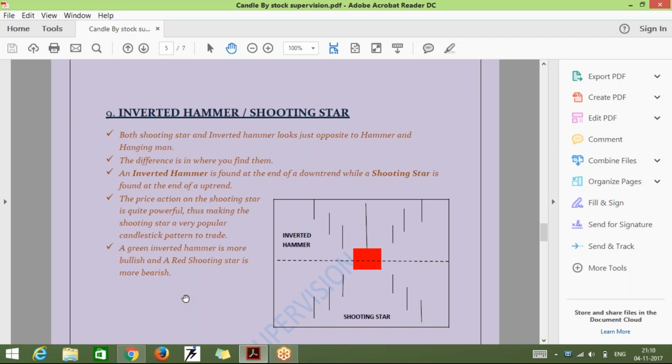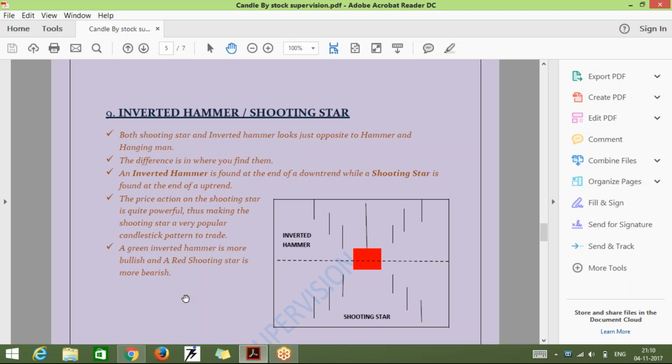So this is where it is said that the price action of a shooting star is quite powerful, making the shooting star a very popular candlestick pattern to trade. So it is clearly mentioned which candlestick patterns are tradable and which are actually seen from experience, whether all these are working or not.